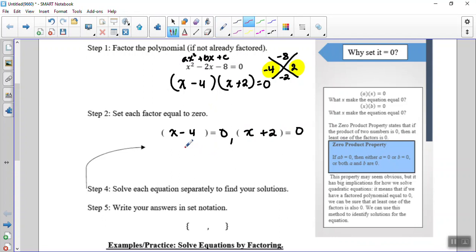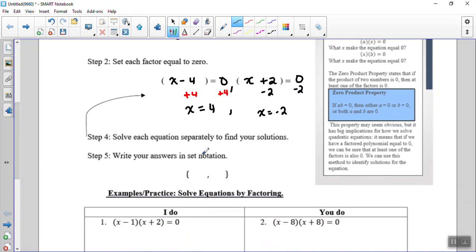And then my step 4 is solve each equation separately to find your solutions. So I'm just going to solve for x. You have x equals 0 plus 4, which is 4. That's one of my solutions. And the other one is x equals negative 2. That's the other solution.